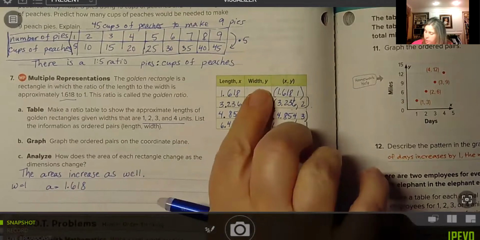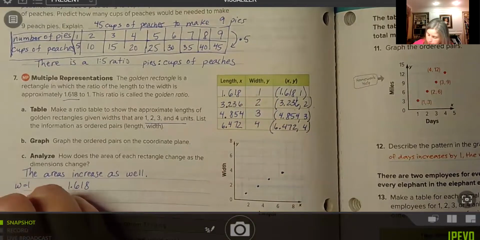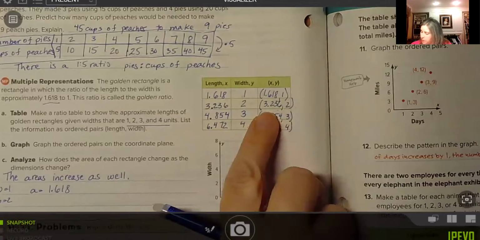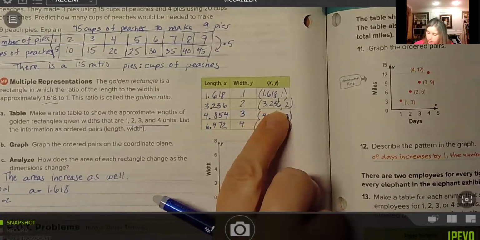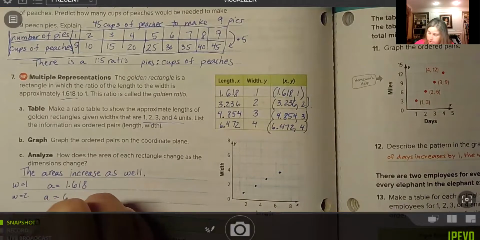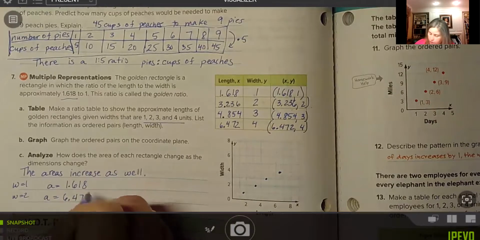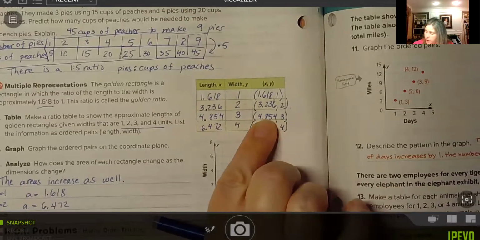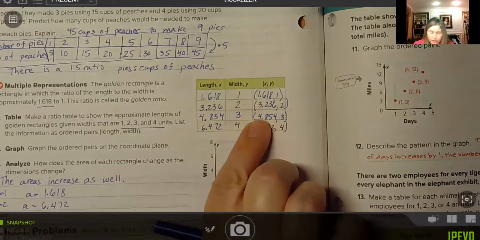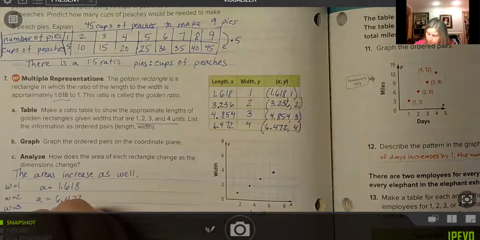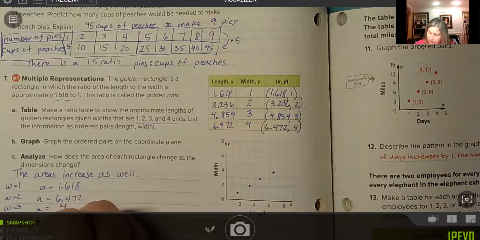When your width was 2, that's going to be 2 times 3.236, so 6.472. When your width is 3, it'll be your length times width, so 3 times 4.854, so 14.562.